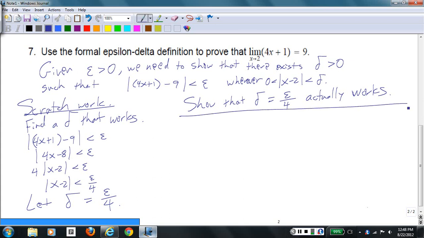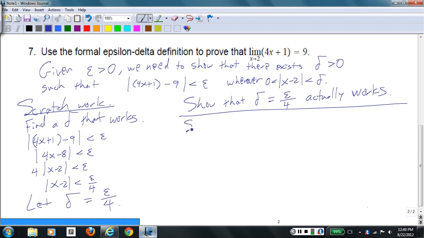So we got our scratch work. The scratch work produced a delta. So we think maybe, yeah, if we decide how close 4x plus 1 needs to be to 9, then divide that by 4 and make sure x is no farther away from that. So show that epsilon over 4 actually works.